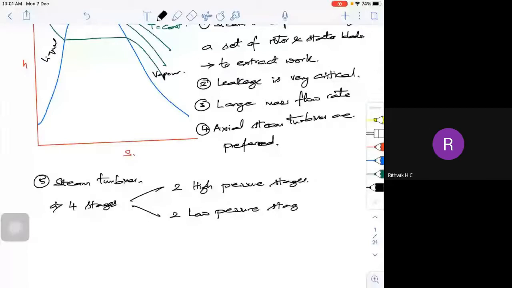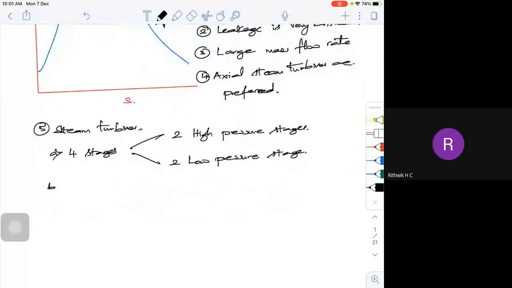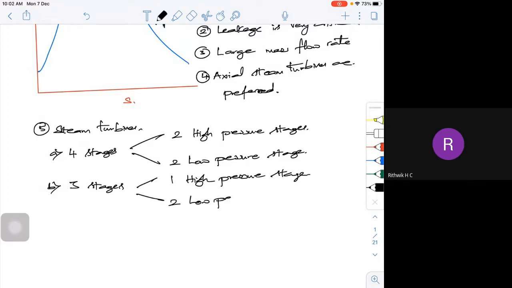If it is a 3-stage turbine, there will be 1 high pressure stage and 2 low pressure stages. So this is how your steam turbines will work.